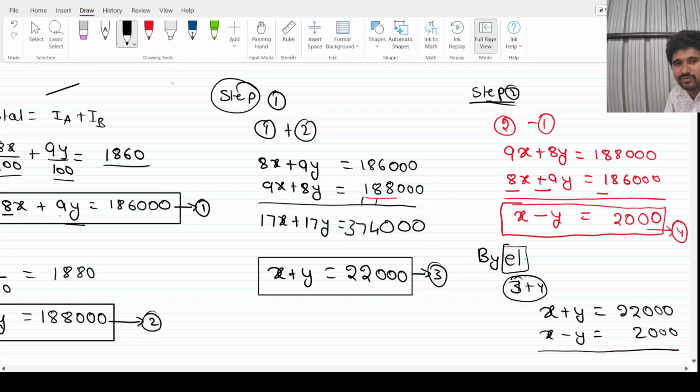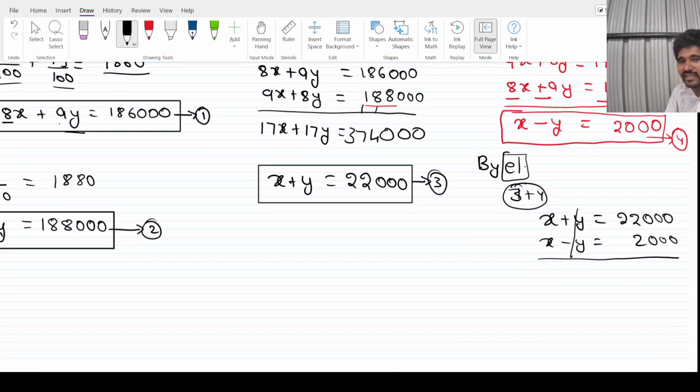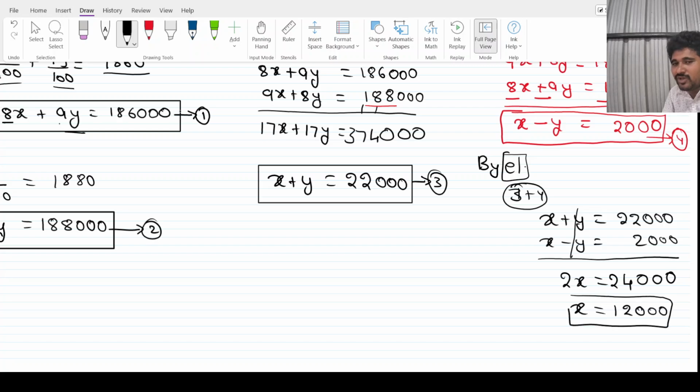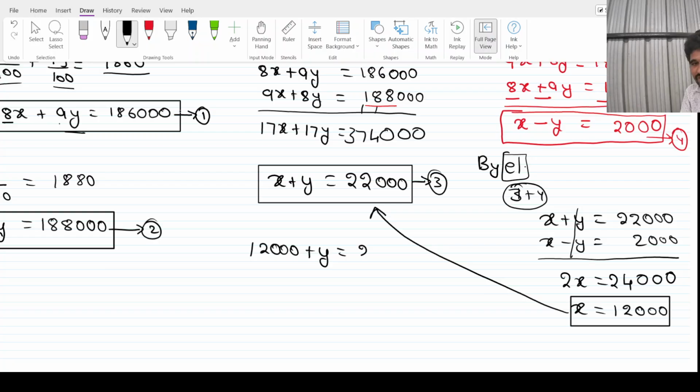Adding them, y cancels. 2x is equal to 24,000, so x is equal to 12,000. After getting x, substitute x in equation number 3. 12,000 plus y equal to 22,000. So y is equal to 22,000 minus 12,000, which is 10,000.